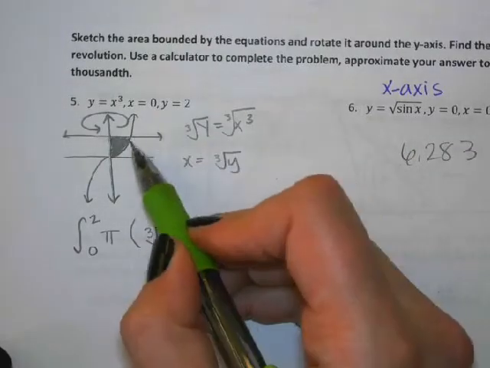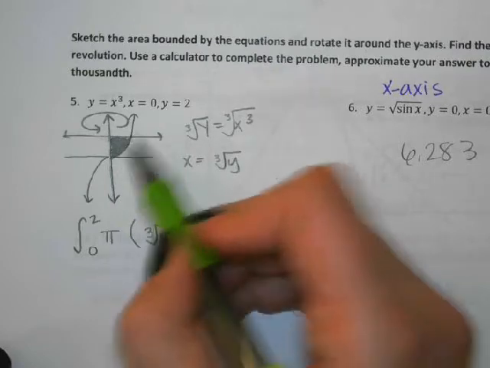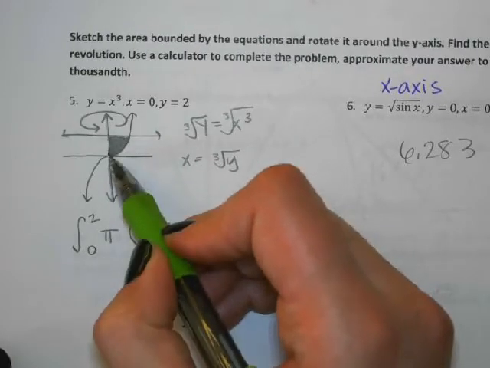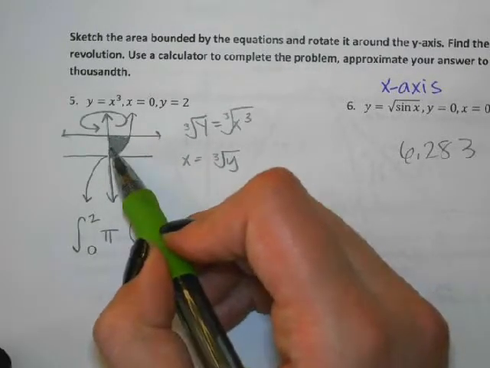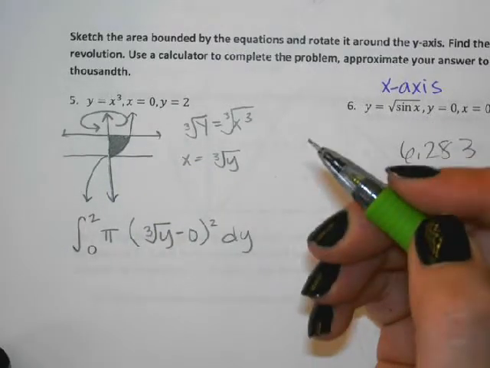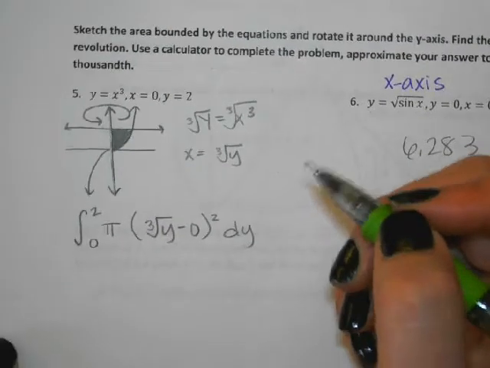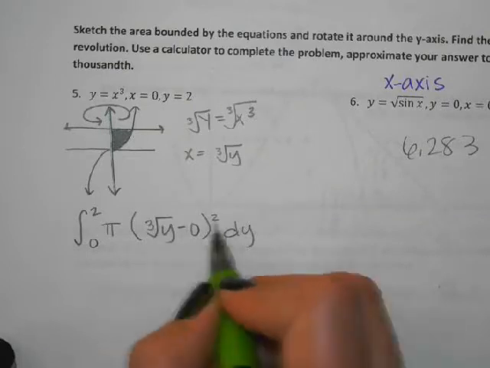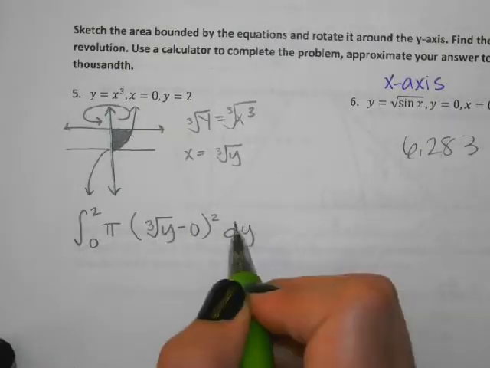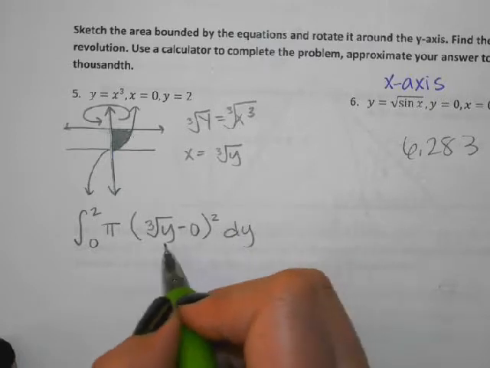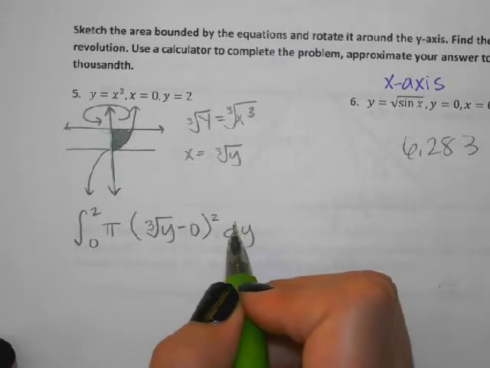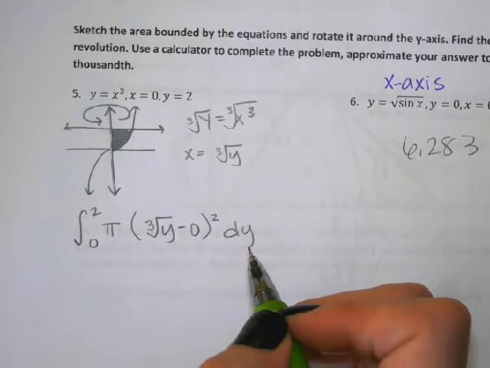So it's this curve minus this curve. Right minus left. The 2 is just a boundary. Okay? All right. What can I do with that exponent? I have a cube root of something squared.